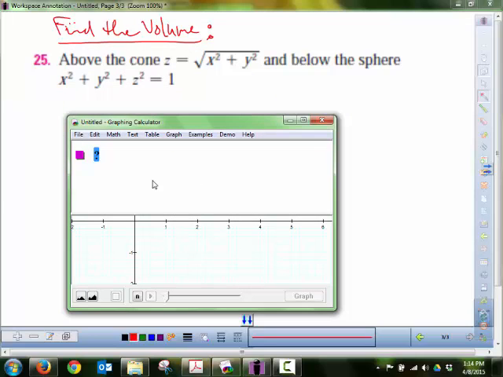Find the volume above the cone, square root of x squared plus y squared, and below the sphere, x squared plus y squared plus z squared is equal to 1. So this is the old ice cream cone volume.